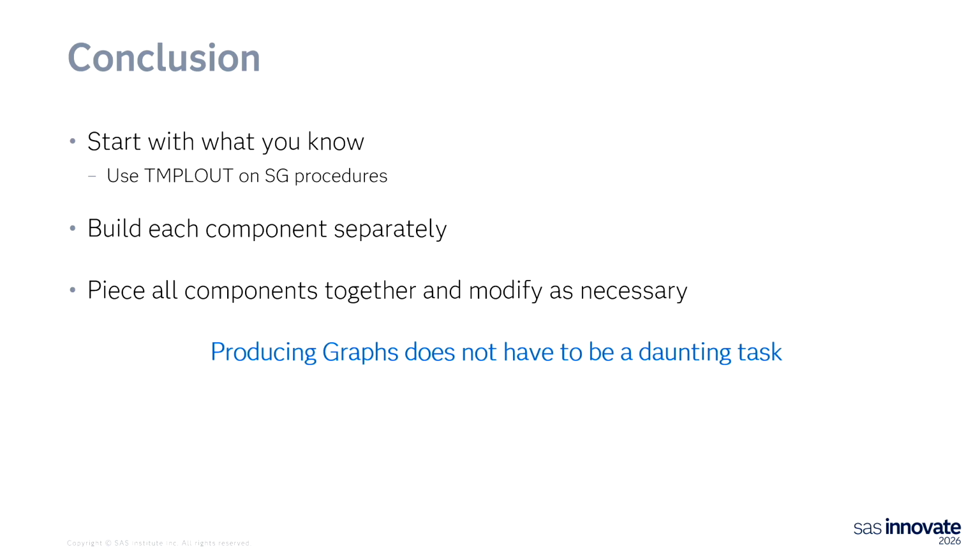Producing graphs does not have to be a daunting task, as we've shown. It's just a matter of outputting what you already know, if it's SGPLOT, and using the plot arrangements, the lattice, and whatever to actually make exactly the graphic that you want, which may or may not include multiple graphs.